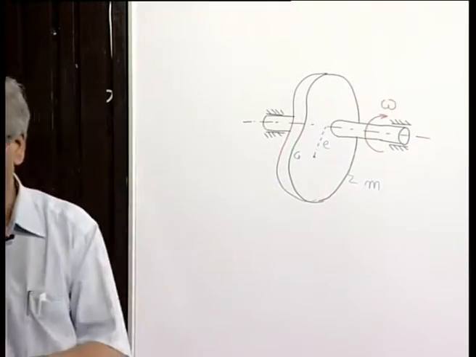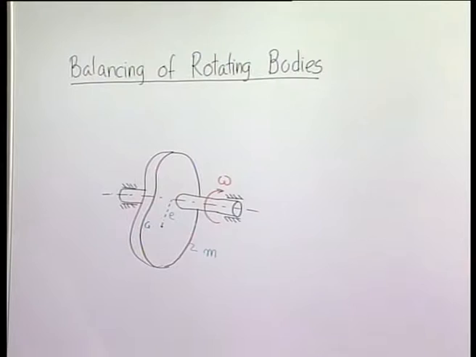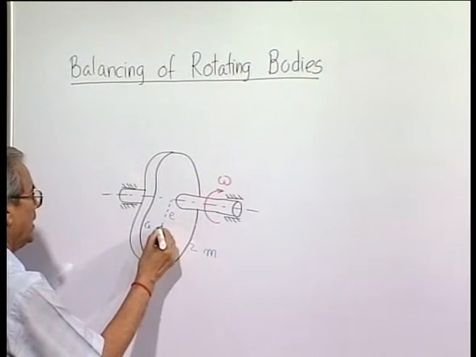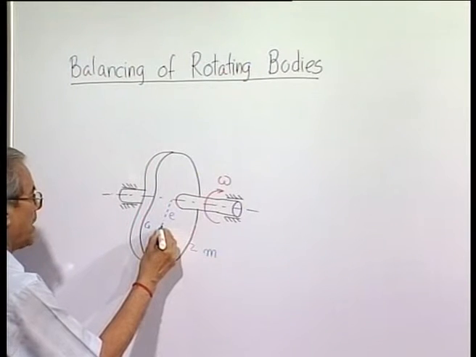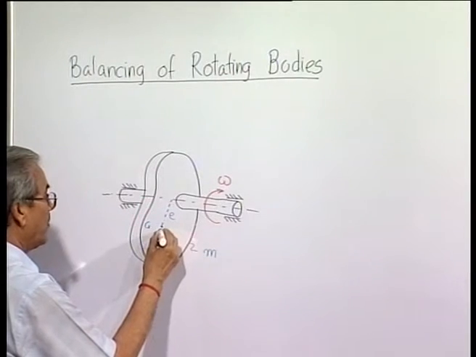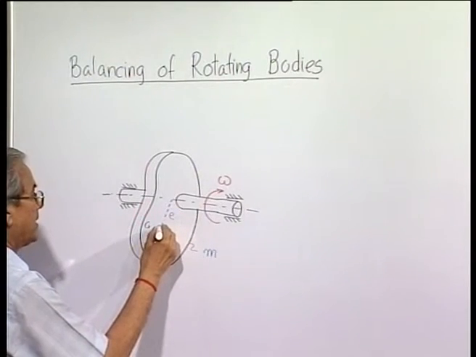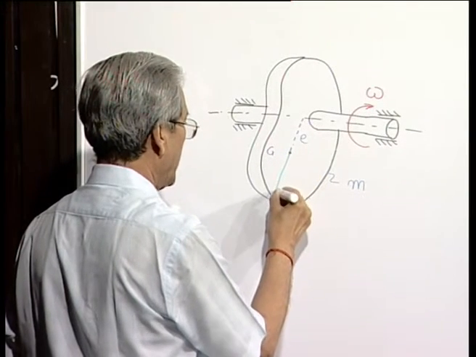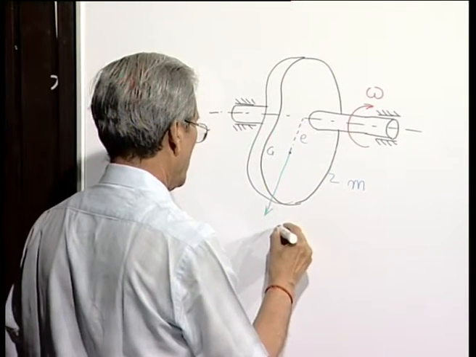Now, when this shaft is rotated at an angular speed omega, then we all know the inertia force of the object. The acceleration of the center of mass, which is towards the center, is omega square into E, into mass, that is m omega square E, and the inertia force will be minus of that.